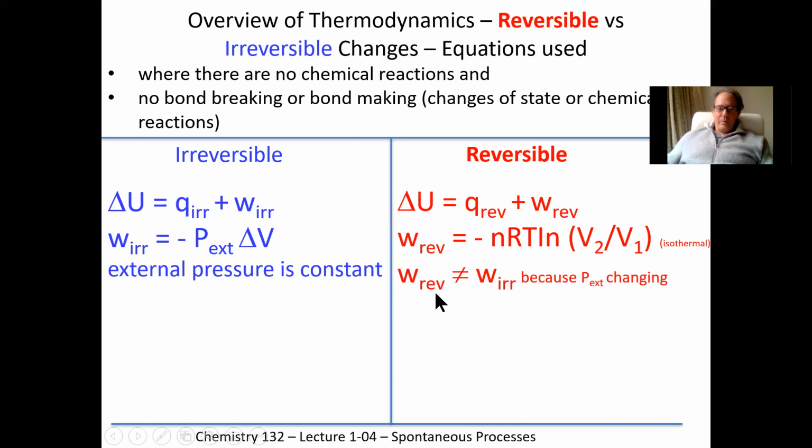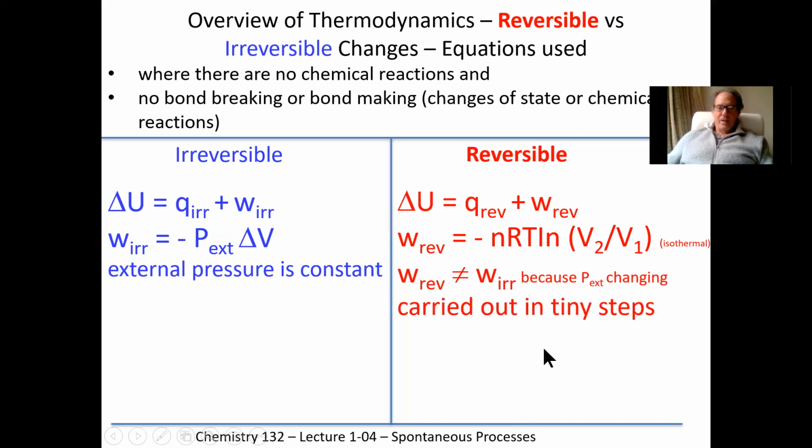And keep in mind that the work for a reversible system is different than the work for the irreversible system because, again, as I mentioned, the external pressure is changing for the reversible change. It is not changing for the irreversible. Typically, you expend more energy during an irreversible change than a reversible change because there's wasted energy if you're compressing a gas.